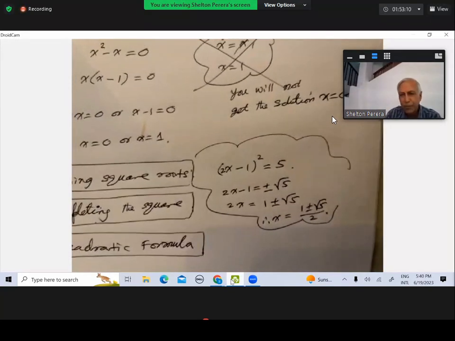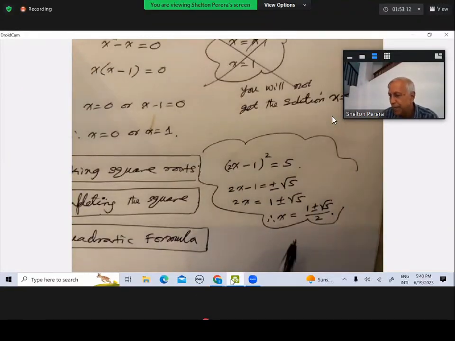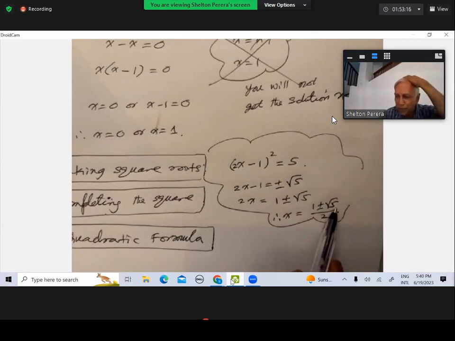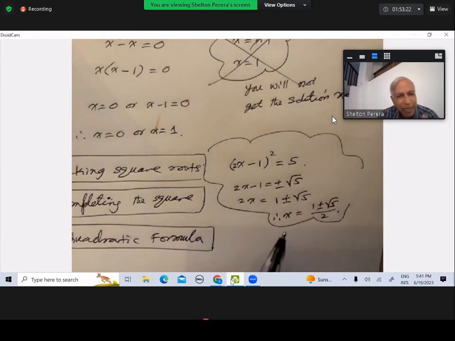Now, some students are not happy when they see solutions like that. They try to put square root 5 equals 2 point something and try to get a single decimal number. But those are only approximations. Square root 5 is an irrational number.